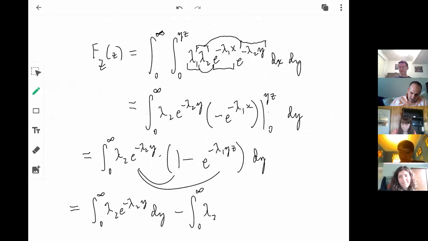It's going to be e to the minus the quantity lambda 2 plus lambda 1 z, all times y. Did I do that right? Does that look right to you? I think it's right. And hey, what about this first integral?